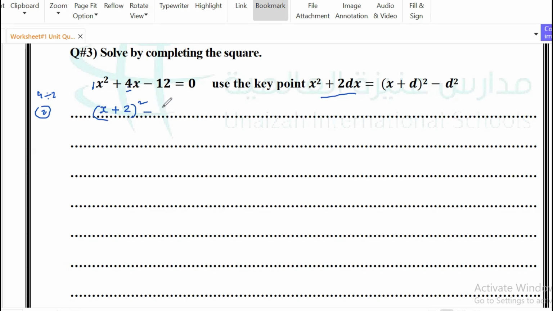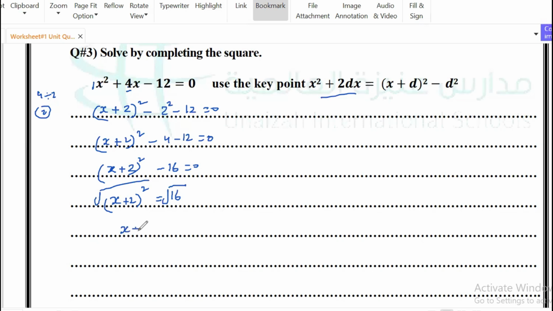So straight away you can say that x plus 2 whole squared, minus what we are adding, we subtract as well. 2 square minus 12 equals 0. And then next step, x plus 2 whole square, minus 4 minus 12, x plus 2 whole square, minus 16. So x plus 2 whole square is equal to 16. And then we will take the square root on both sides so that we can remove this square.